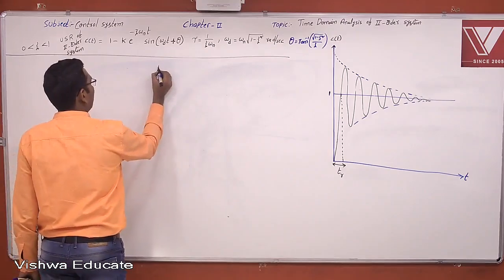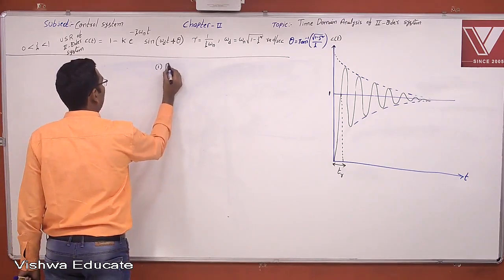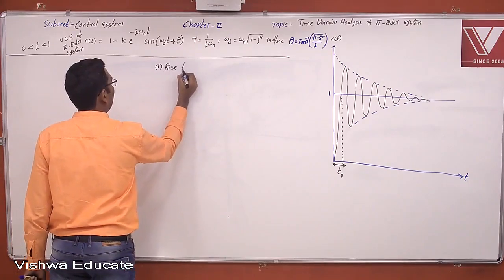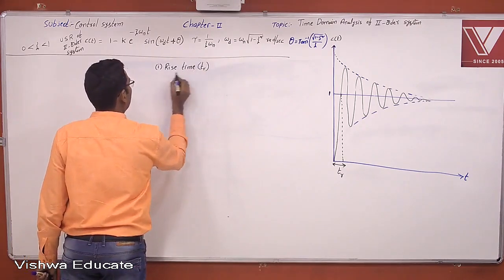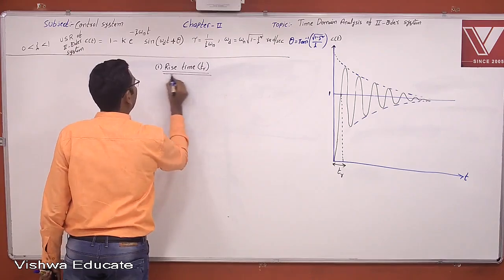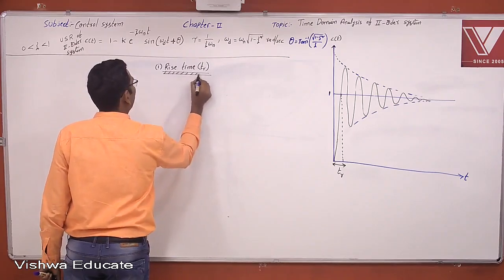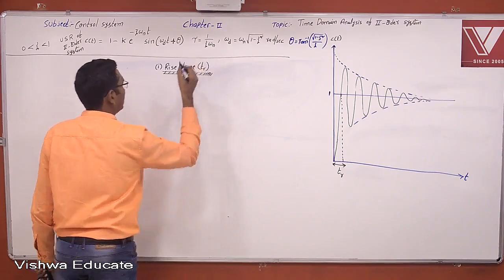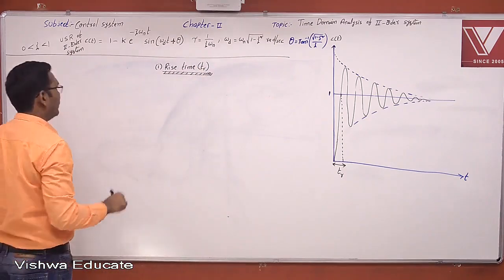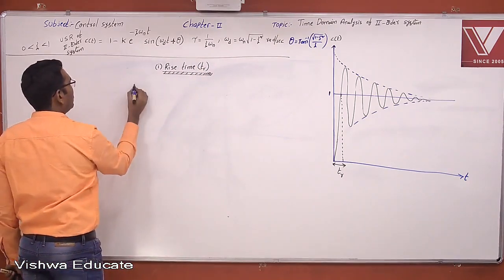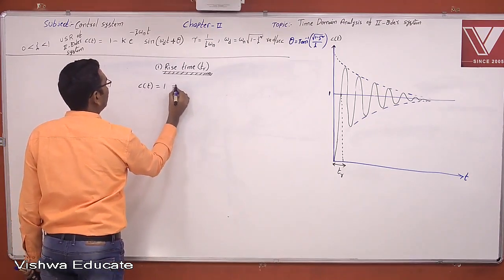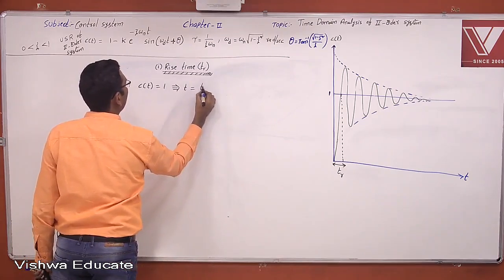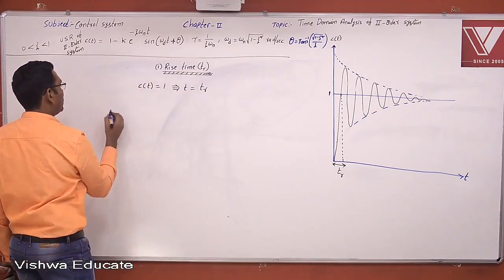Now this is the first parameter, called rise time, tr. So this is the response. When this response reaches 100%, you can get a time. That time is called rise time. Where is the response? This is the response.